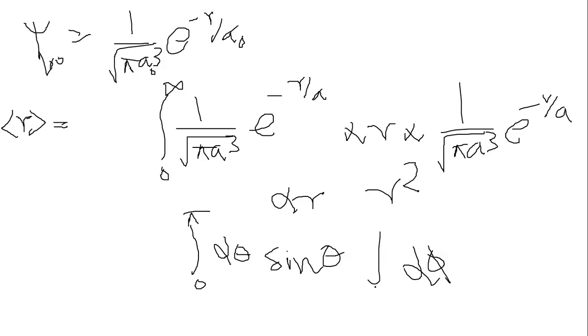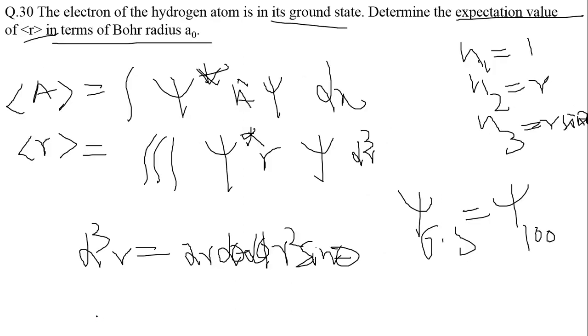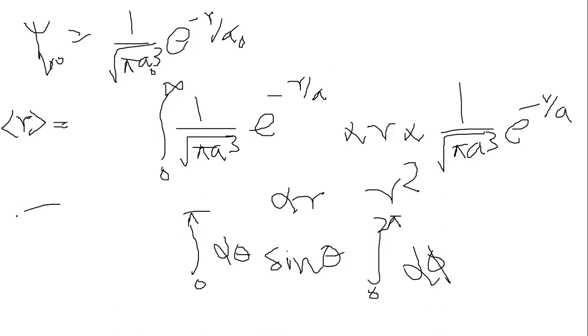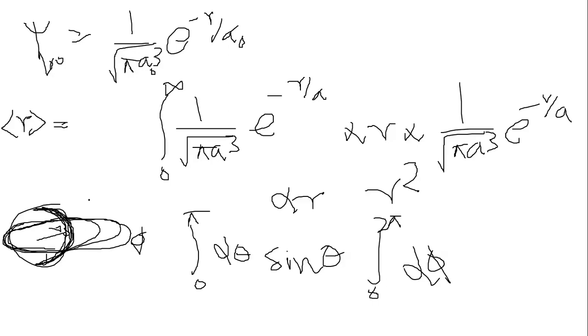For phi it is 0 to 2 pi, because in spherical polar coordinates, from here to here it is r, this portion makes an angle, this is theta, and this is phi, which we call longitude and latitude.